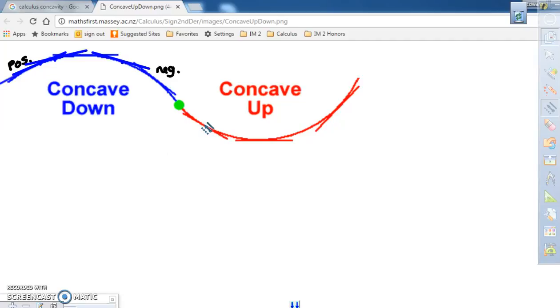Same thing here, we have a slope that's negative, but it starts getting less negative and eventually positive. So if we have a slope that's negative here, somewhere here it's even less negative. So f prime, the derivative, is increasing. It has to get less negative, and then it'll eventually be 0, and then it continues to increase.